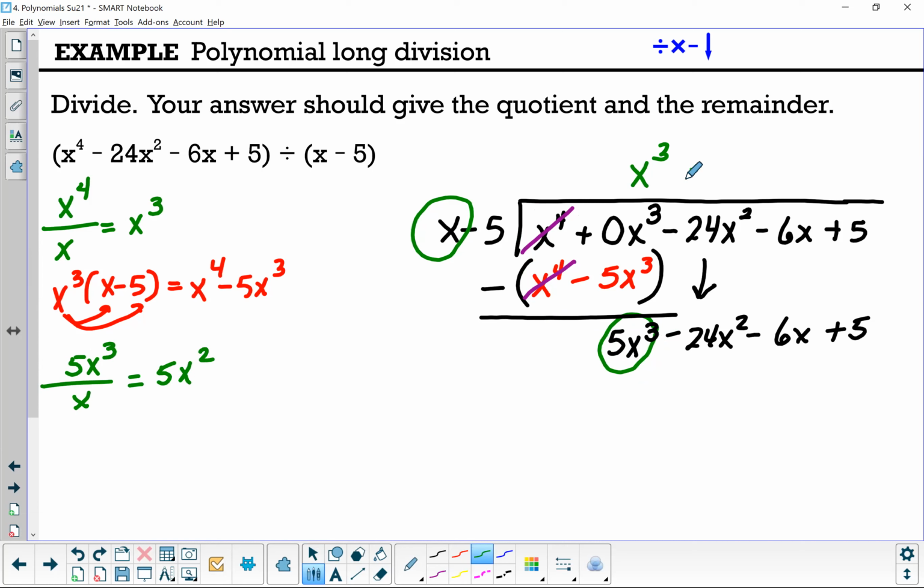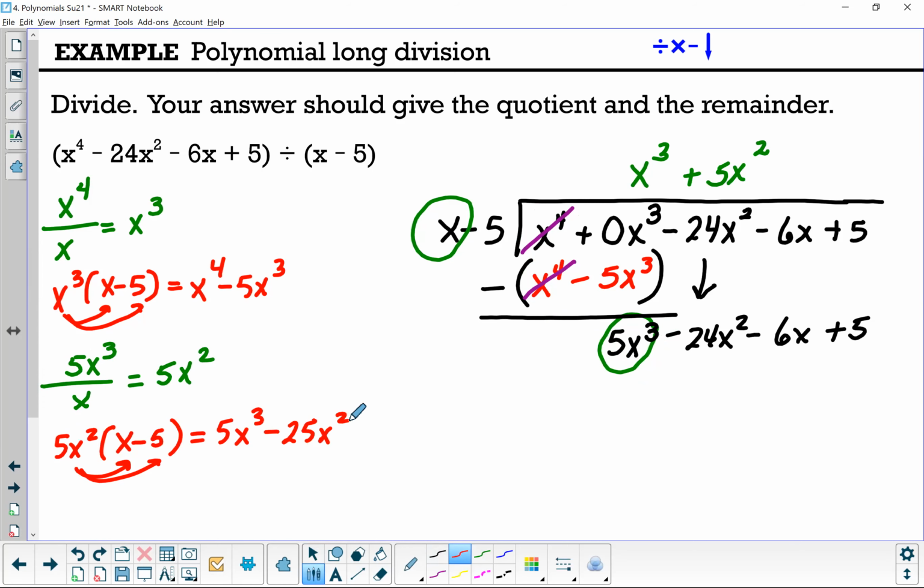So I'm going to put plus 5x squared for my quotient. Multiply 5x squared by the divisor, x minus 5. That's going to give us 5x cubed minus 25x squared.